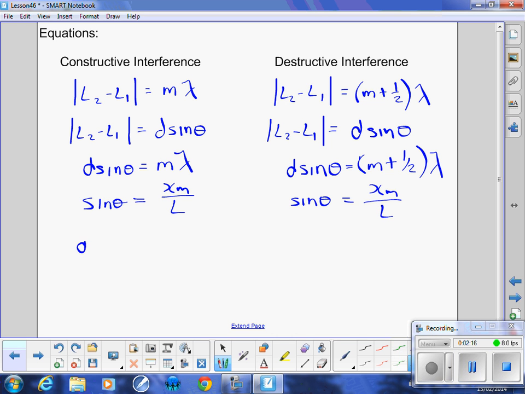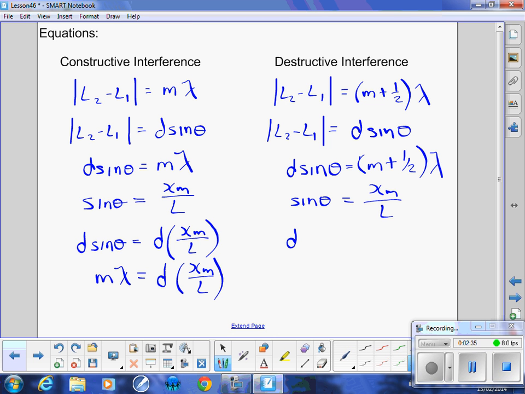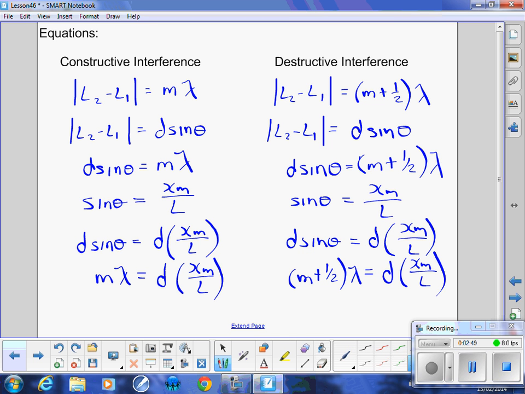But because d sine theta equals d xm over L, it allows us to draw the conclusion that m lambda, from above, is also equal to d xm over L. Similarly, d sine theta equals d xm over L, which tells me that the phase shift of lambda is equal to d xm over L. So you can see the formulas are identical.